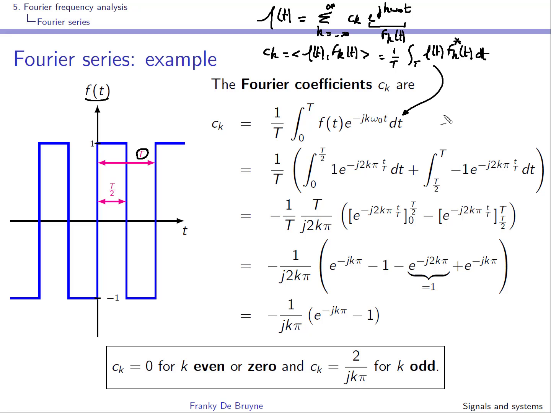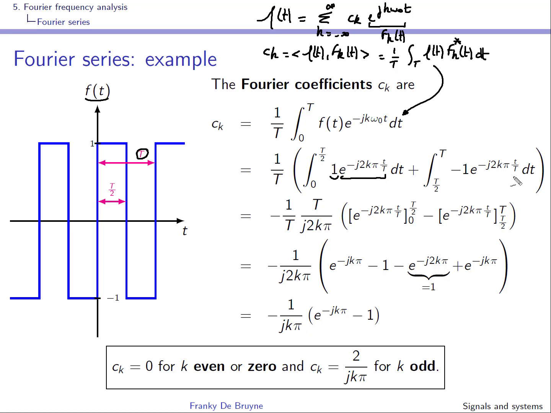So this integral from 0 to T, you can rewrite as the sum of two integrals. The first one is from 0 to T over 2, because the function is 1 there, and then an integral from T over 2 to T, and there the function is minus 1. Now we need to integrate this function.